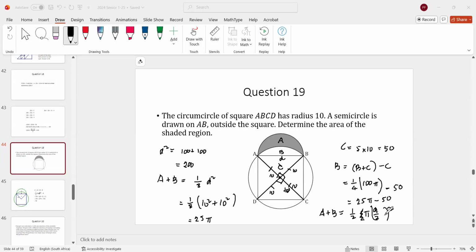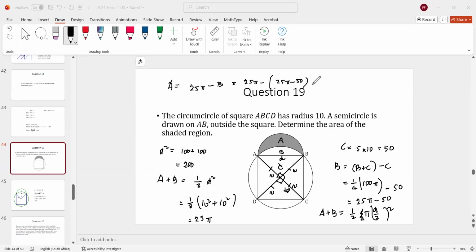I know what B is, and I need to calculate A. So A is equal to 25 pi minus B, and I calculated B to be 25 pi minus 50.